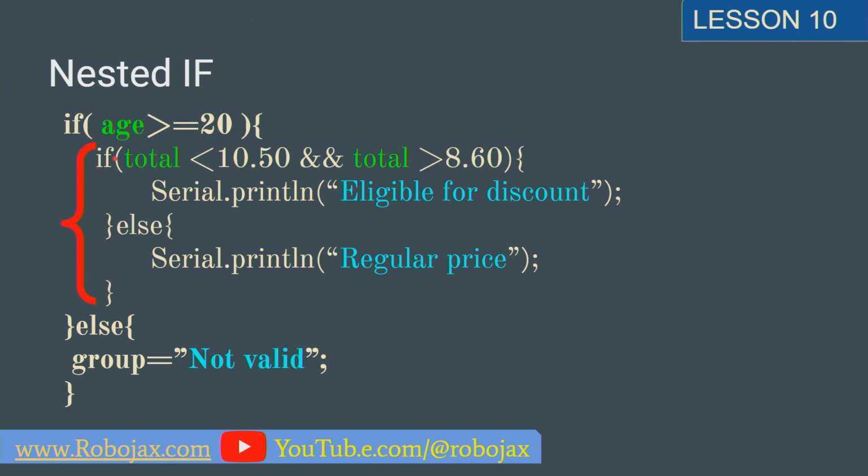So we say if total is smaller than 10.5 and total is greater than 8.6, so it's between 8.6 and 10.5, then the action is to print this text: eligible for discount, otherwise regular price. And if age is not greater than 20, then we say not valid. So this discount is perhaps for people of age 20 or over.